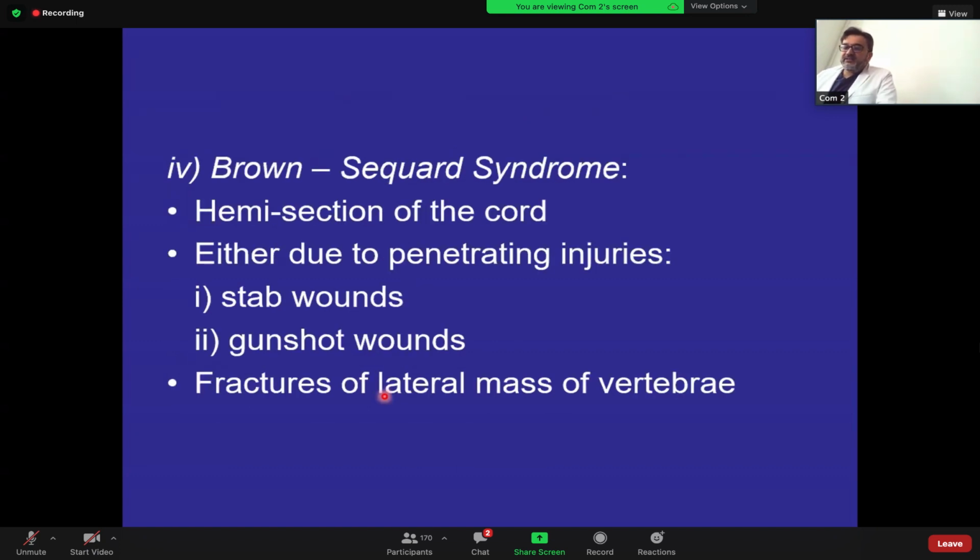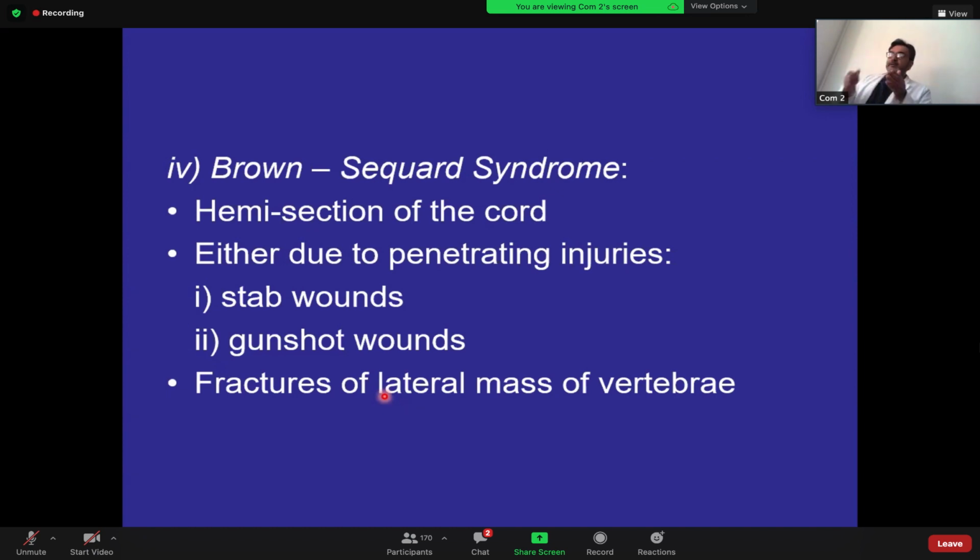So the first one is the Brown's cord, and Brown's cord syndrome is not very common. It happens because of a penetrating injury, like a knife injury or a gunshot injury at the back, which results in half side of the spinal cord getting damaged.